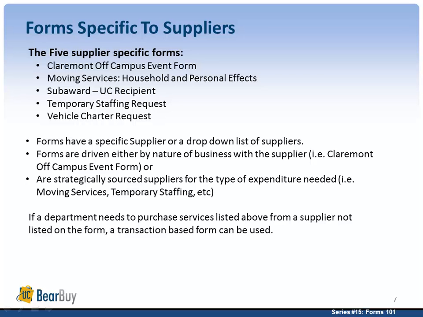If a department needs to purchase services listed above from a supplier not listed on any of those forms, a transaction-based form can be used instead. What this means is that, for instance, let's say I have to hire a moving services company. If my desired supplier is not listed on this form, that doesn't mean I can't use that supplier for these moving services expenses. Instead, I'll have to use a different form to purchase these services.